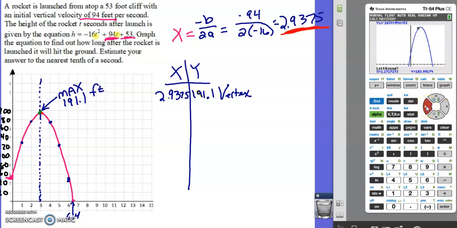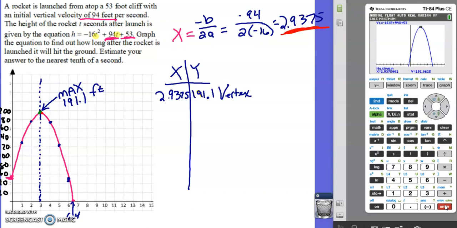I push the left arrow about 3 times and press enter. Then it says right bound, so I go back to the vertex, go to the right of it, and press enter. Then I go back to where I think the vertex is, and it says guess. So again, this is a good way to find it. Notice that's exactly my answer up here, 2.9375 and then 191.